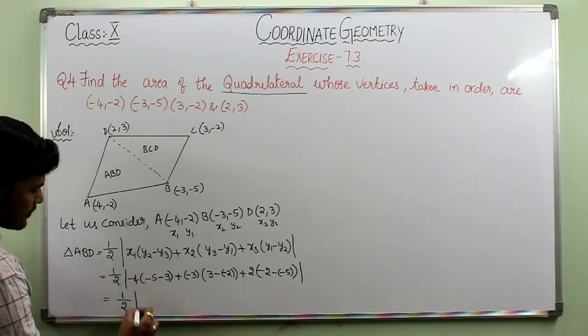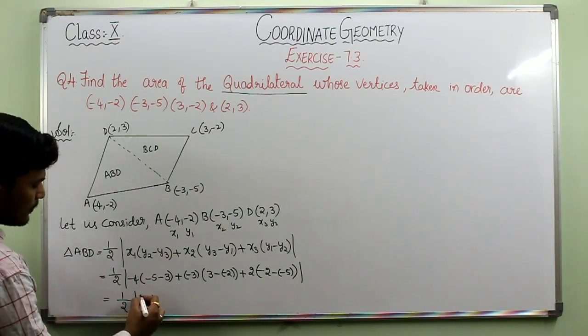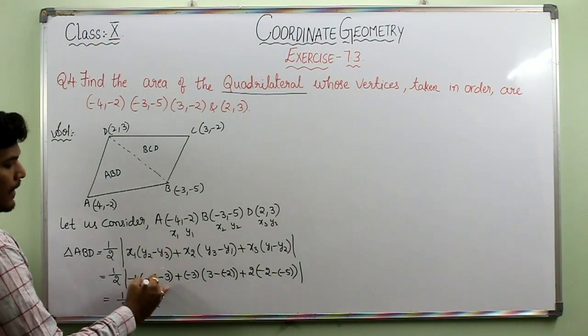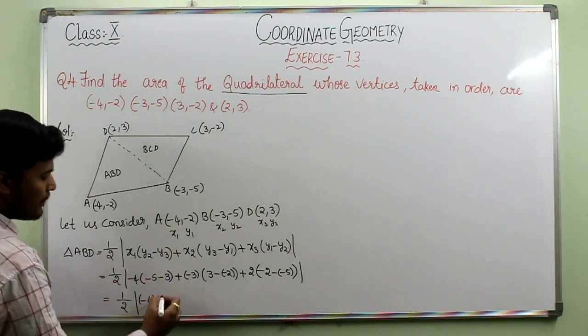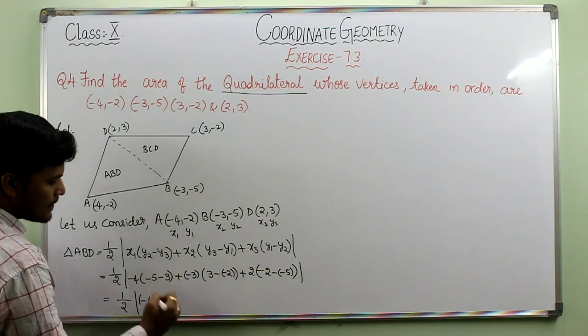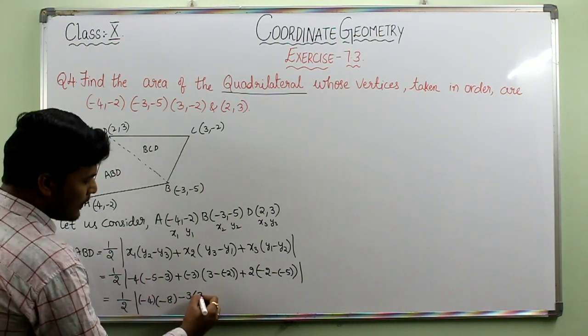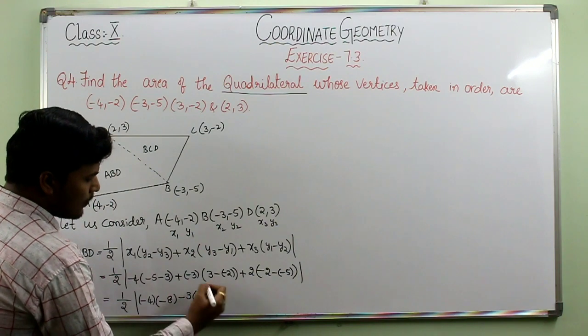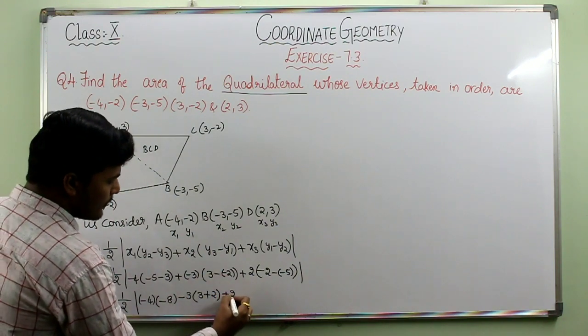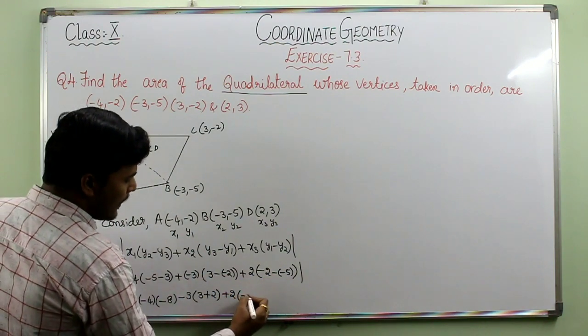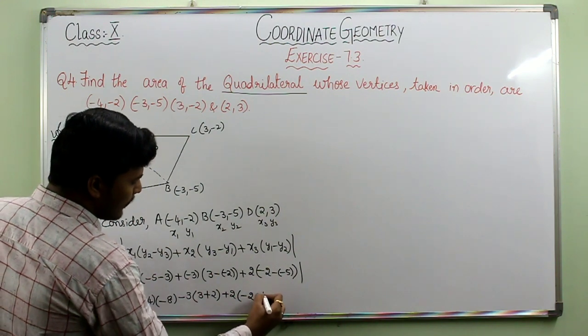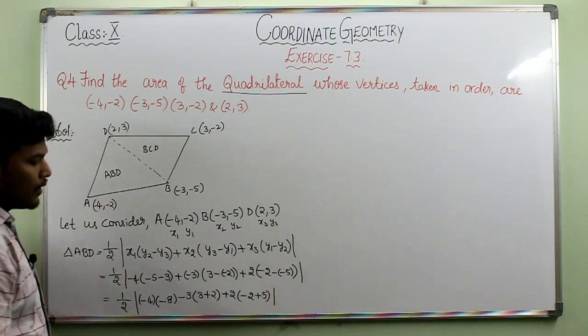Then half modulus of -4 into -8, both are minus, addition can be performed, symbol will be negative. So -8 plus -3 into (3 plus 2) plus 2 into (-2 and minus into minus will become plus 5), close the modulus.